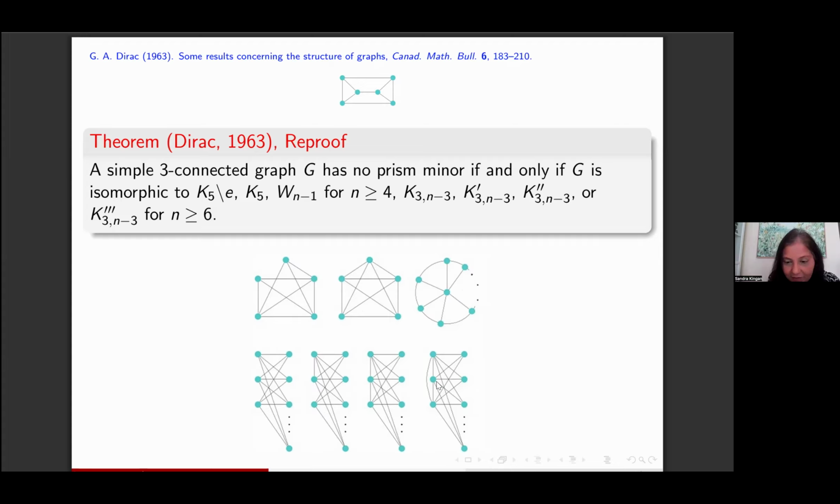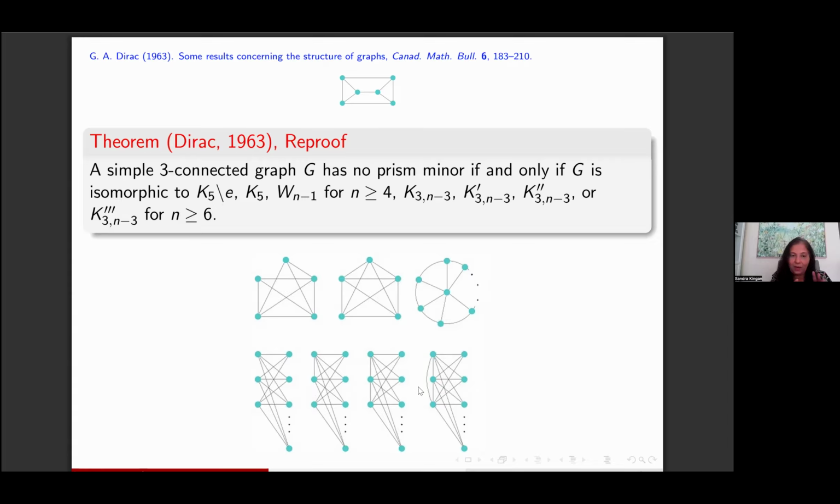And then you have this family, K_{3,n-3}, right? 3 vertices here and n minus 3 vertices here. Add an edge, 2 edges, and 3 edges. So I like to call this a monarch, because if you know this, figuring all this out, you just have to delete edges.